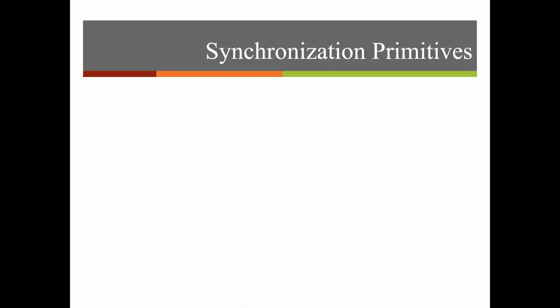And so in order for us to accomplish this, we can make use of appropriate synchronization primitives. In this case, we consider lock and unlock. These are available mechanisms that allow critical sections to be controlled.